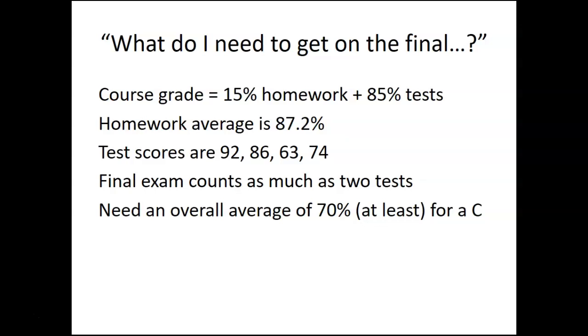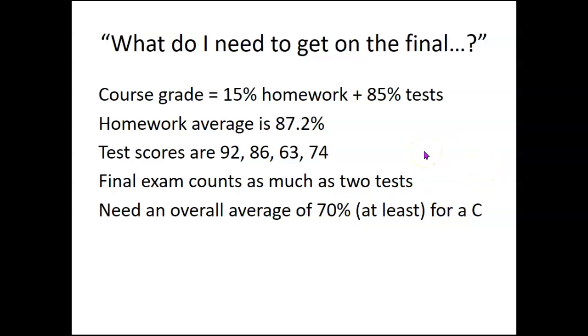And let's say there have been 4 tests throughout the semester, 100 points each, and the student has gotten scores of 92, 86, 63, and 74 on those 4 tests. And then the final exam is going to count as much as 2 of those regular tests.